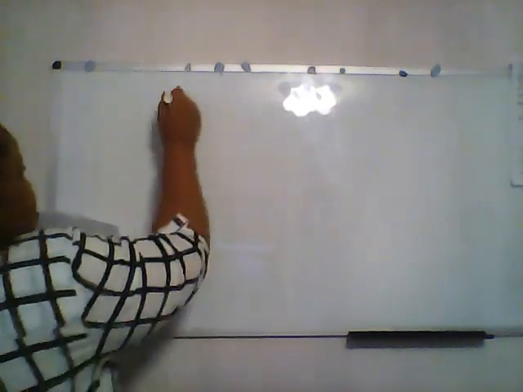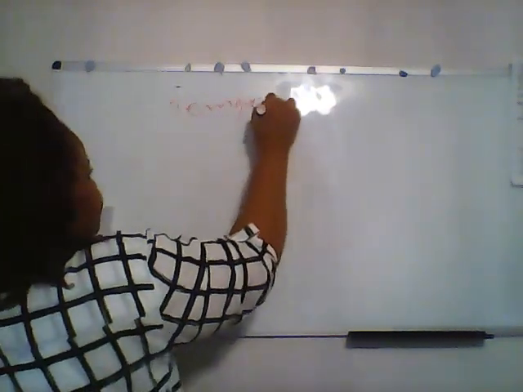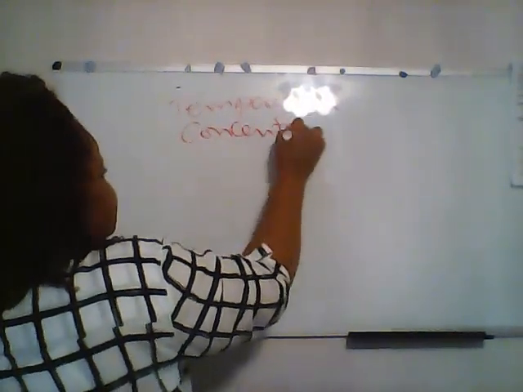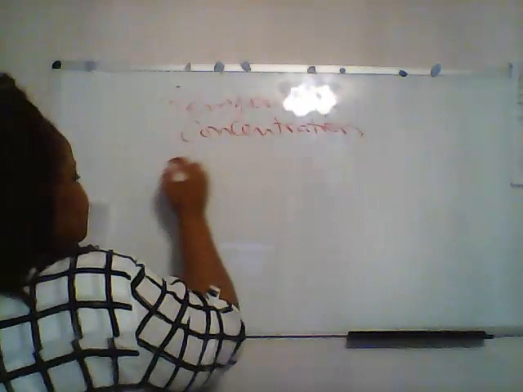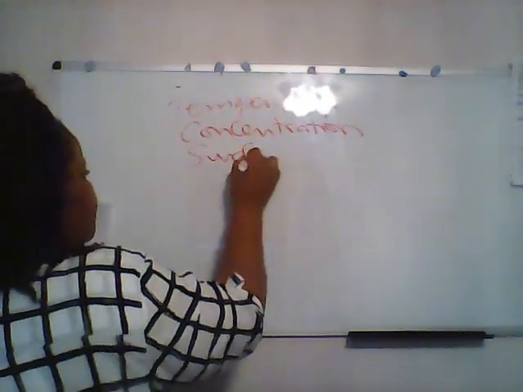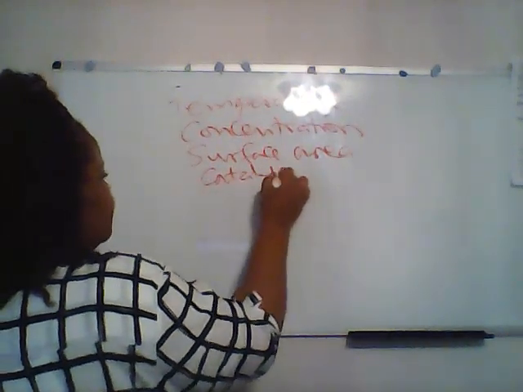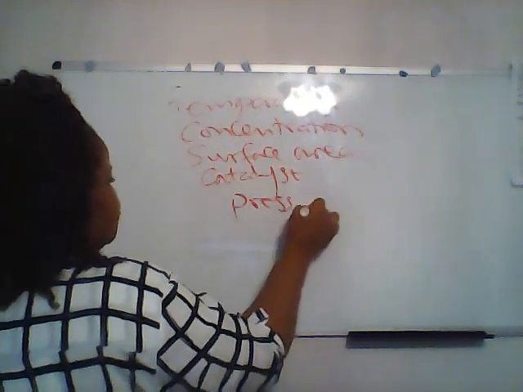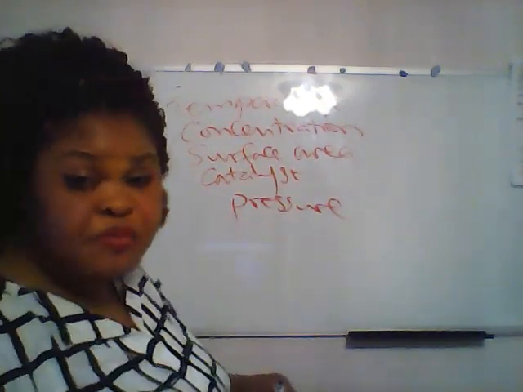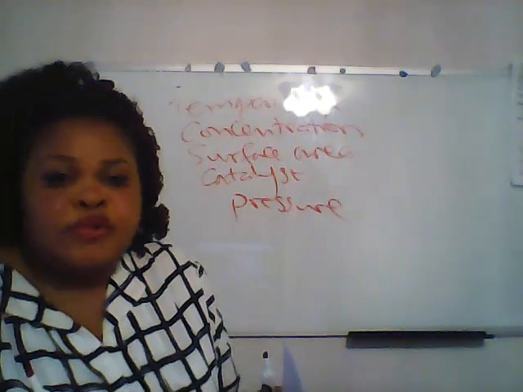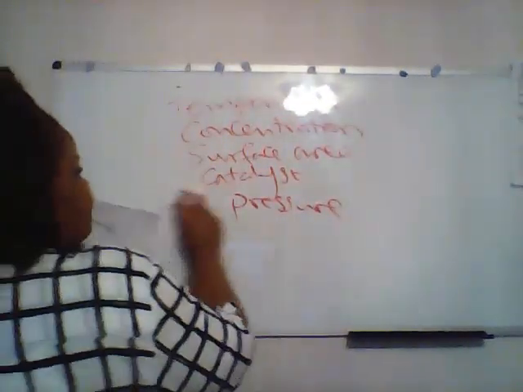Just to reiterate, the factors that affect the rate of reaction are temperature, concentration of the reacting particles or reactants, the surface area, and the use of a catalyst. I also added the pressure. In terms of pressure, when you push the particles closer to each other, you bring them into close proximity and they're able to react faster. That is how pressure affects the rate of reaction.